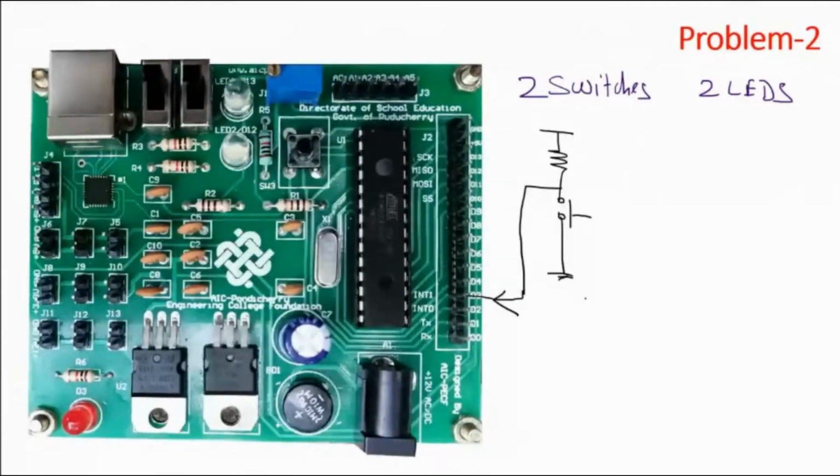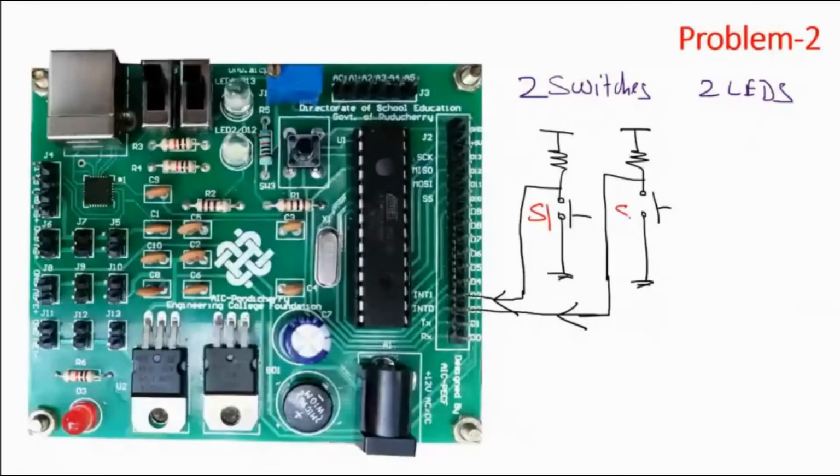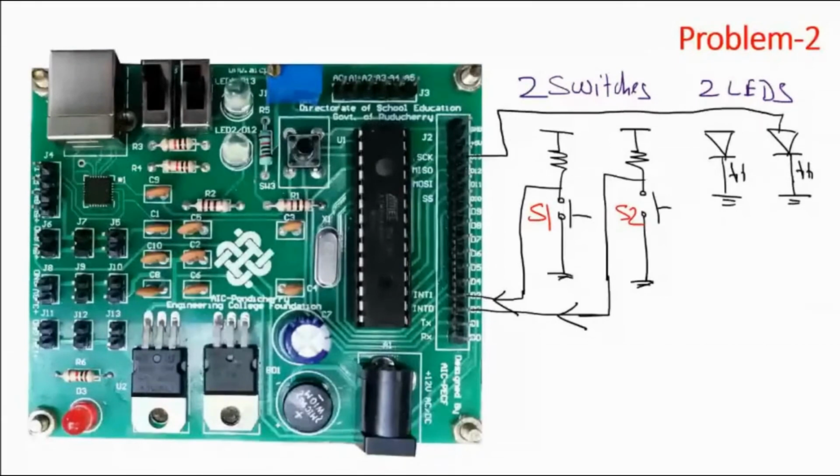There is also another switch that is connected to pin 2. So this is switch 1, S1, and this is S2. We also have two LEDs. One LED is connected to pin 13. The other LED is connected to pin 12. In terms of pin number, this is connected to the 13th pin, this is connected to the 12th pin, this is connected to the third pin, and this is connected to the second.